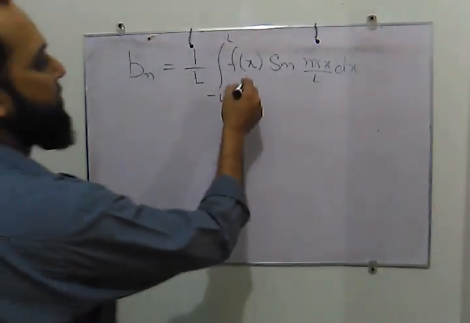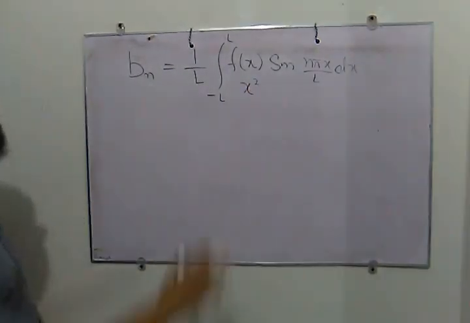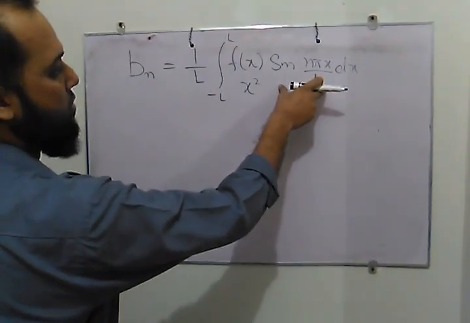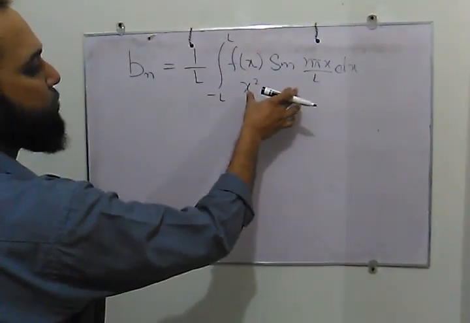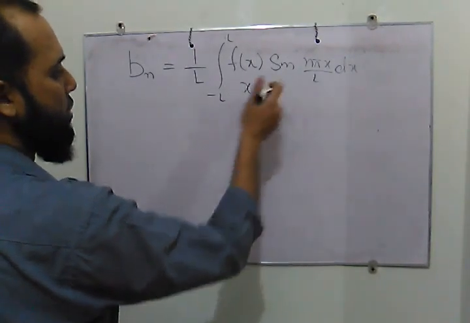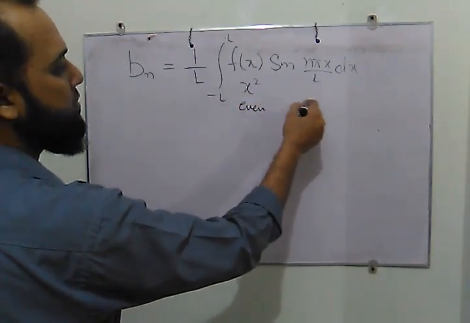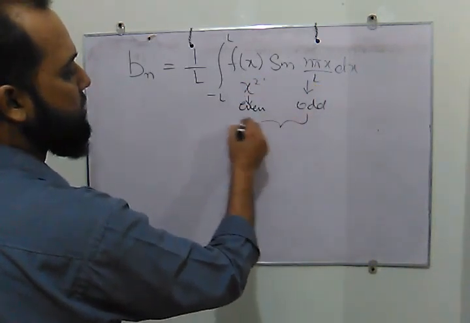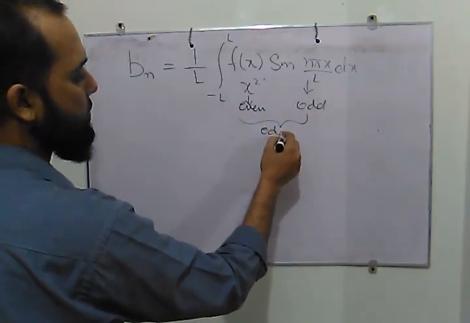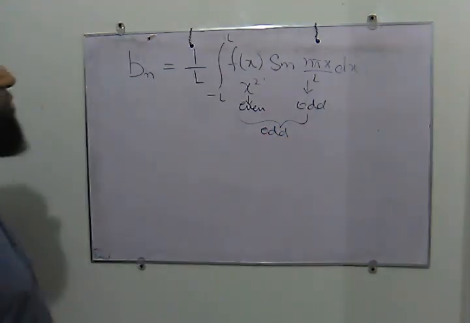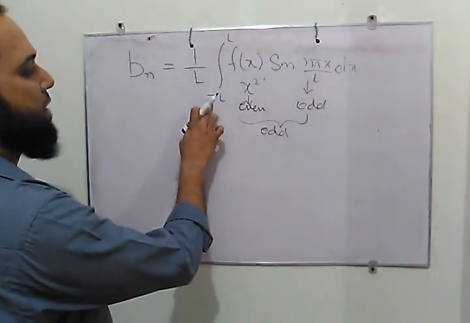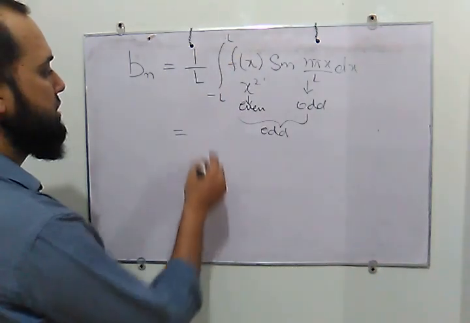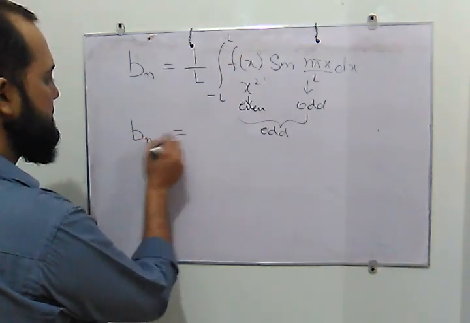Now we know that f of x is equal to x square. X square is an even function, sine is an odd function. So if we have an even function and an odd function, then the product of the two is an odd function. And we know that if we integrate an odd function from minus L to plus L, then it will cancel out. So bn would be 0.